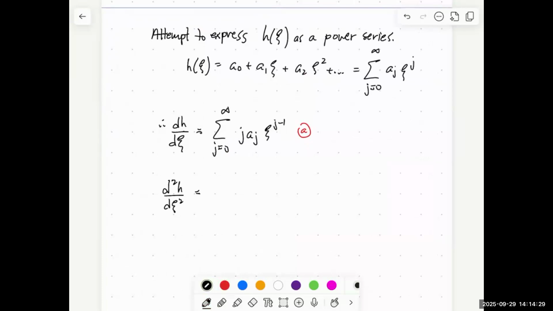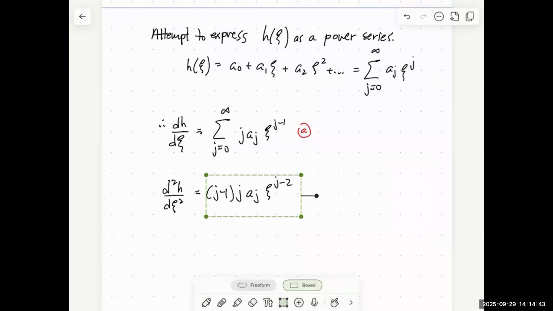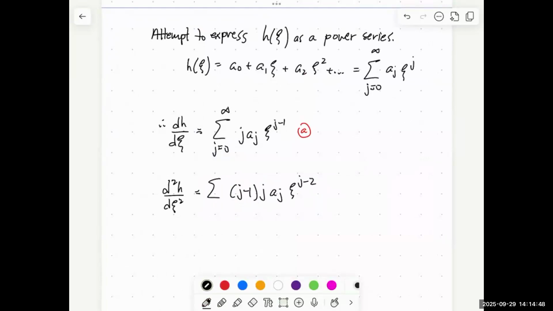It's going to bring down a j minus 1. So I'm going to get j minus 1 times j a_j z to the j minus 2. I forgot my sum. There's still a sum there, over j equals 0 to infinity.